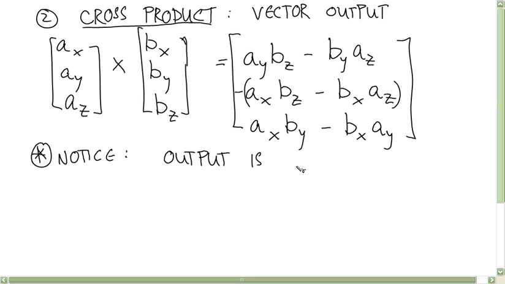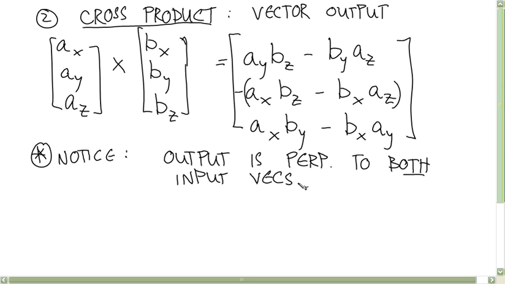So notice with the cross product, the output is always perpendicular to both of the two input vectors. Say you have two vectors here.